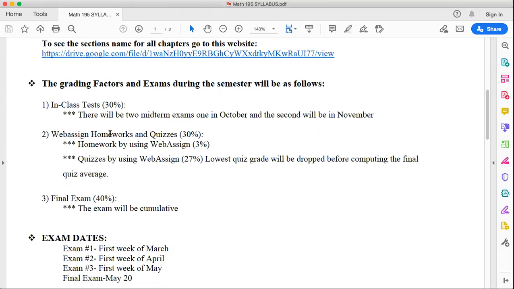About the web assignment homework and the quizzes, we will use WebAssign during this semester. Doing the homework has 3%. I know it's low, but if you're doing the homework, you will do fine in the quizzes because all the quizzes are similar to the WebAssign homework.